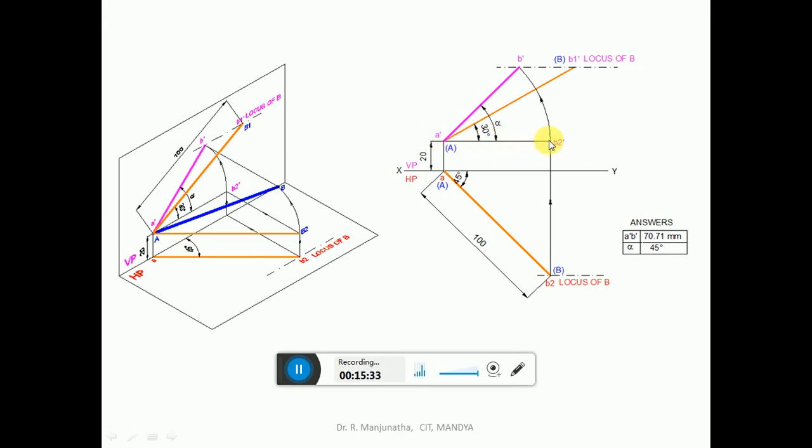But actually the locus of B is here. So with A dash as center, taking the radius A dash B2 dash, you rotate it such that it cuts the locus of B here. You get this point as B dash, then join A dash B dash with a dark line. Then you measure A dash B dash and also the apparent inclination alpha. So this is how you are going to be able to solve this problem.